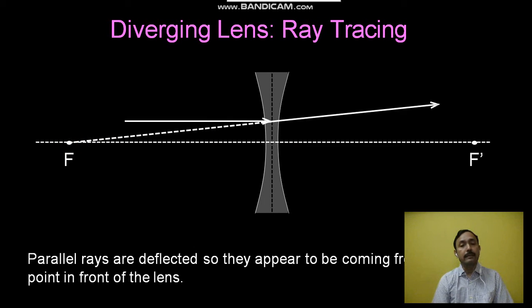So parallel rays are deflected so that they appear to be coming from the focal point in front of the lens. This is the lens, its focal point is here. It looks like it is coming from this focal point of the lens.